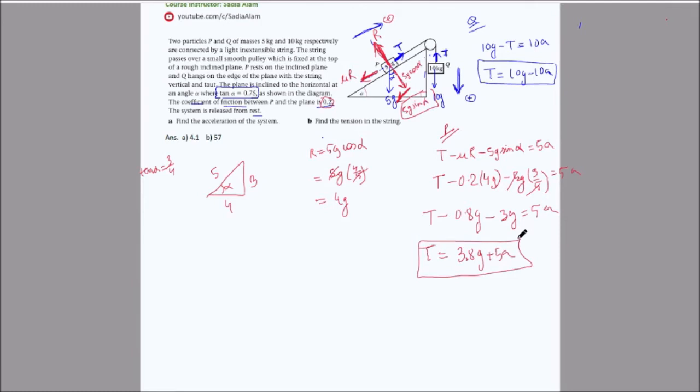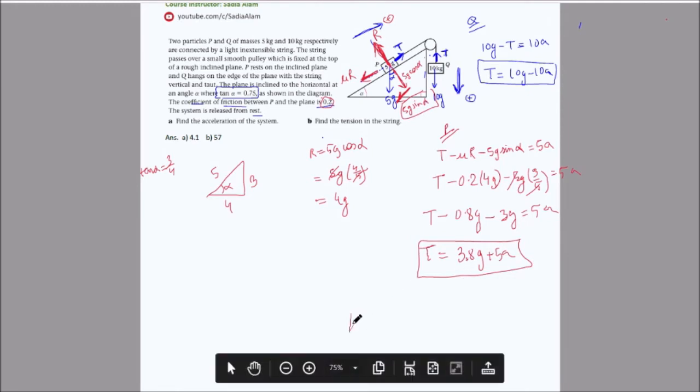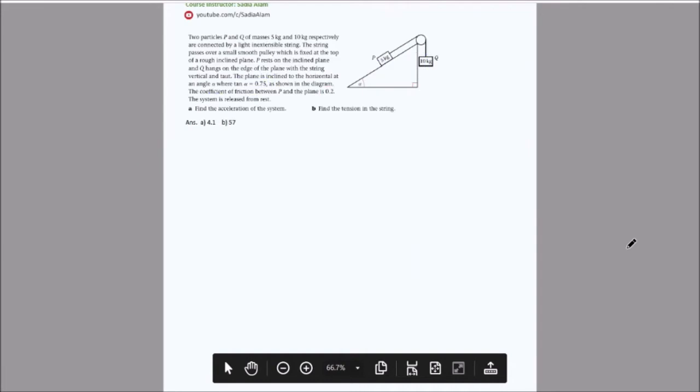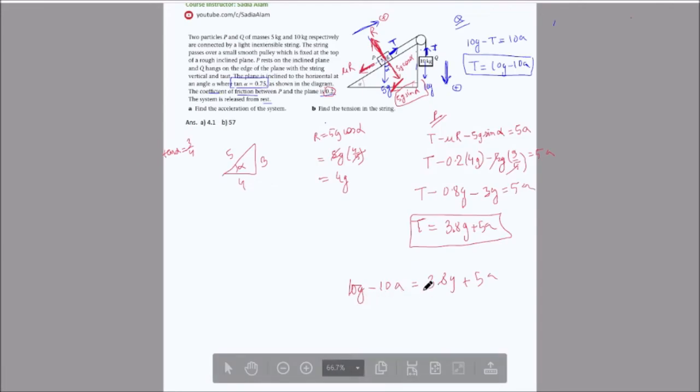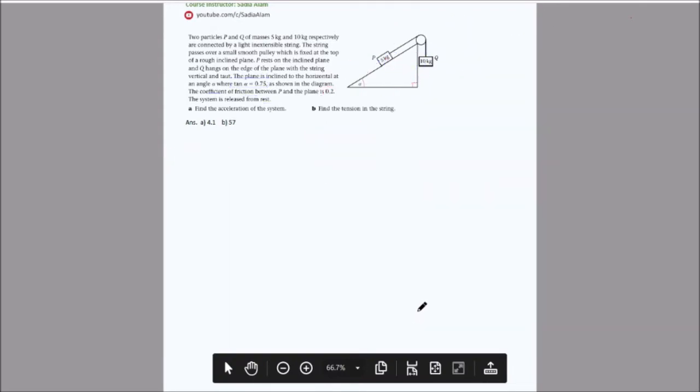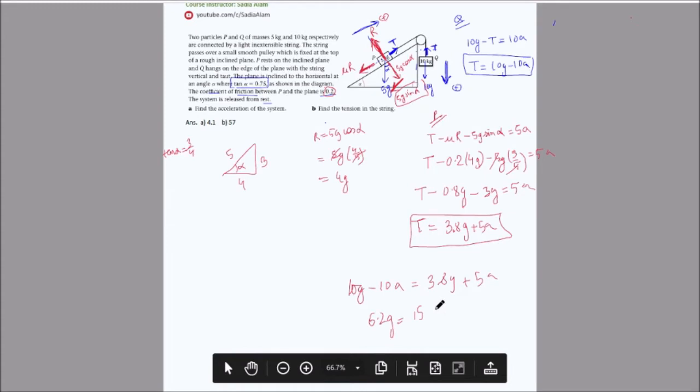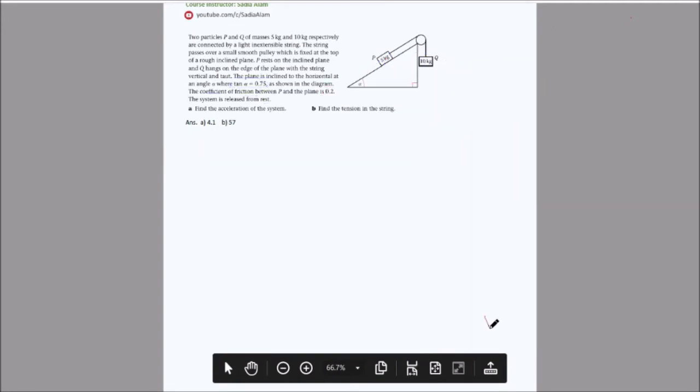If you solve these two equations, if you just equate them, this equation equals that, you will get 10g minus 10a equals 3.8g plus 5a. So 10 minus 3.8 will give you 6.2g equals 15a. So a is 4.1.